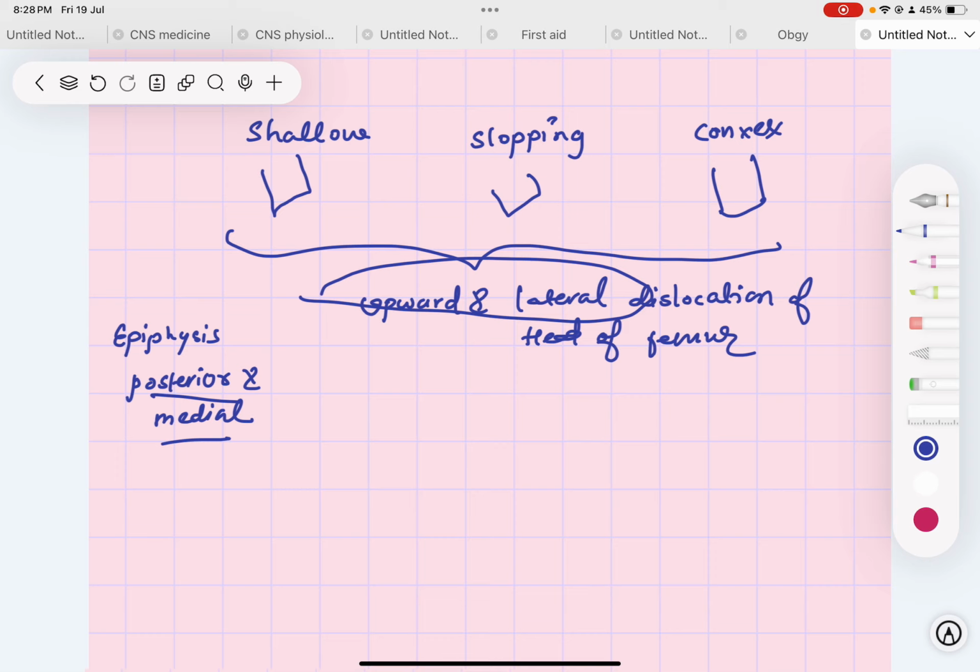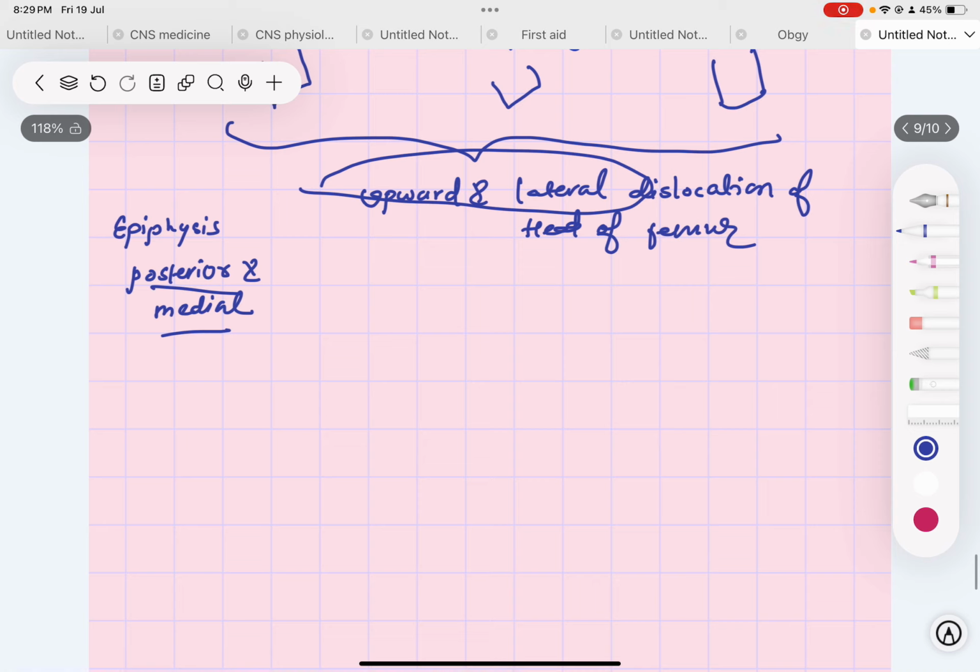I don't know what way I can remember this, but I'm just trying. The head of the femur has upward and lateral dislocation, so outer and upward quadrant dislocation we can see in Shenton's line, that's why.